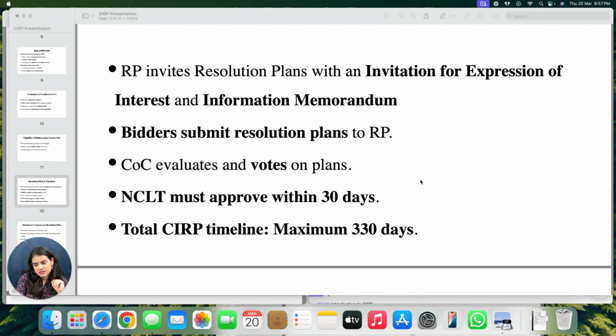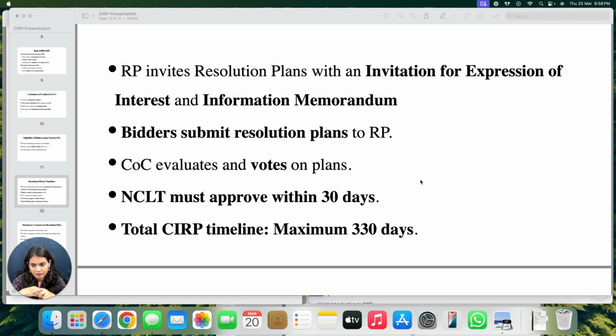Once this takes place, after assessing that they are credible and that their portfolio checks out with the eligibility criteria laid down by the members of the committee of creditors, the resolution professional will confirm their eligibility to participate in the proceedings by issuing a final list of resolution applicants.